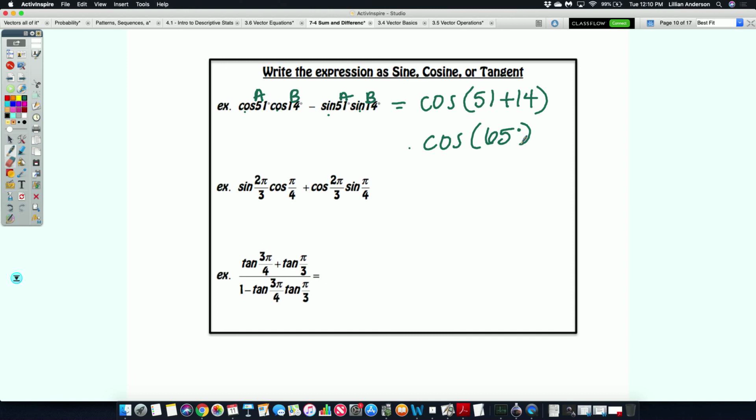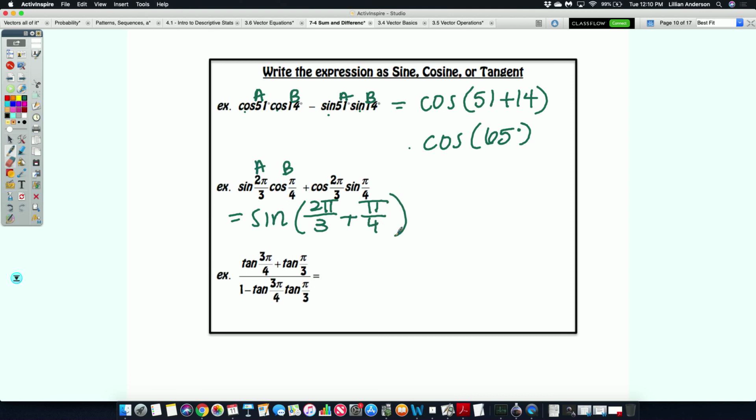Now, of course, if 65 was on our unit circle, we would want to keep going, but it's not. What about the second example? Sine, we're just adding. A is what? 2 pi over 3. And B is? Pi over 4. So this is equal to the sine of 2 pi over 3 plus pi over 4.